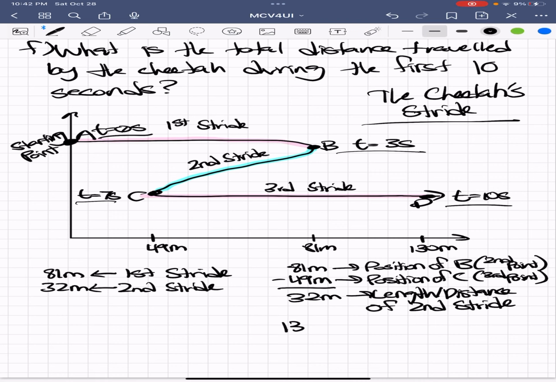So we have 130 meters, and we are subtracting 49 meters.